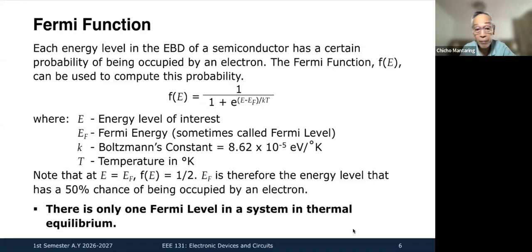And in a system that is in thermal equilibrium, there's only one value of E where that is possible. So there's only one Fermi level. There's only one value of E whose probability of being occupied by an electron is 50%, and that is the Fermi level.